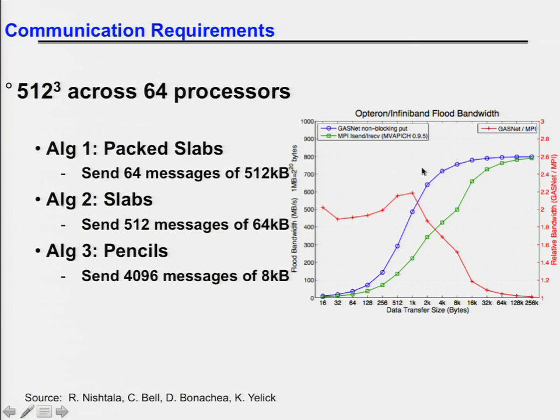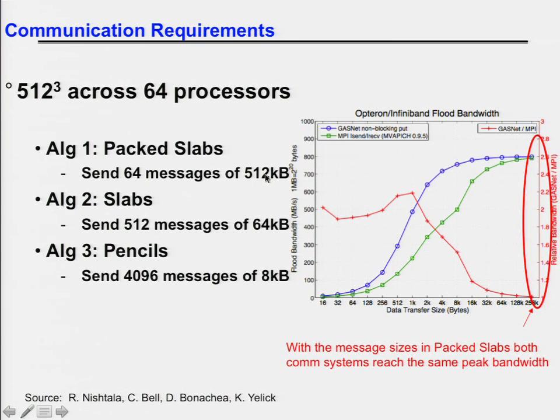And I'm going to be comparing GASNet versus MPI. If I'm sending lots and lots of large messages that are of size 512K, then I'm going to be running at the peak speed, and MPI and GASNet are going to be about the same. So I don't expect to see any difference between them. So let me go now to Slabs. They're going to be 64K messages.